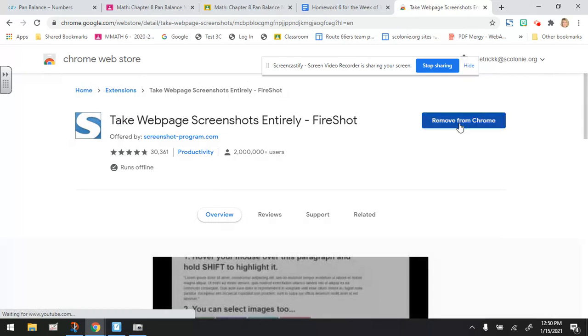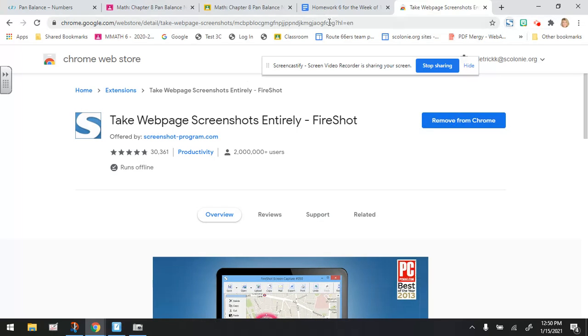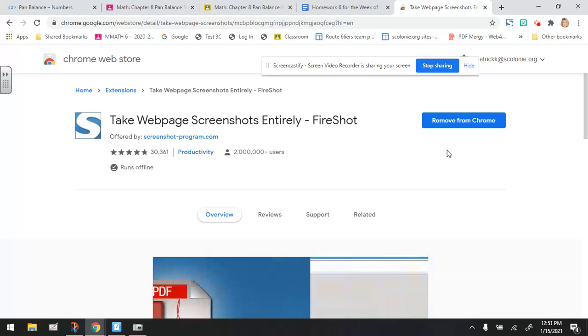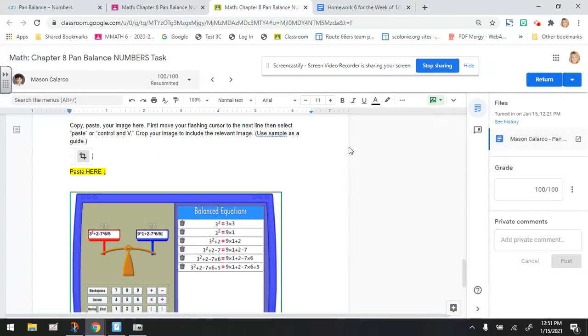So if it will, see mine's on there, but yours would probably say something like add to Chrome. And if it allows you to do that, then I'm going to suggest you give that a try, because I use that all the time. When I'm on a web-based site, I take screenshots off of here. That's been really handy. So again, I don't know if that's going to work, but if you're on a Chrome, everybody's on their Chrome account when they're doing their schoolwork, that's a good one to consider having.